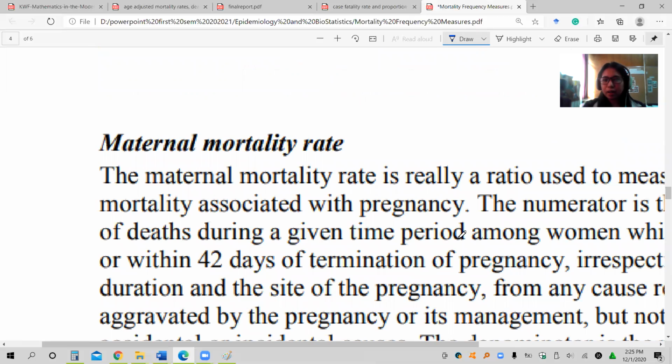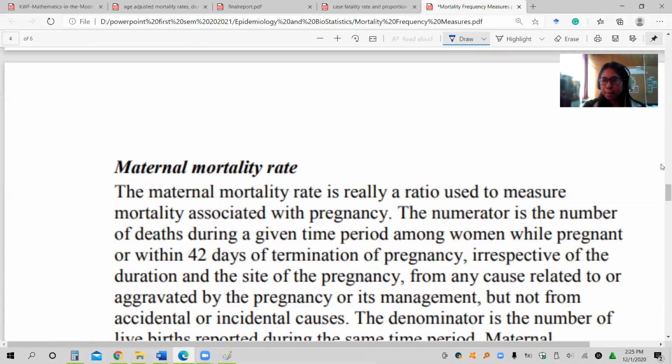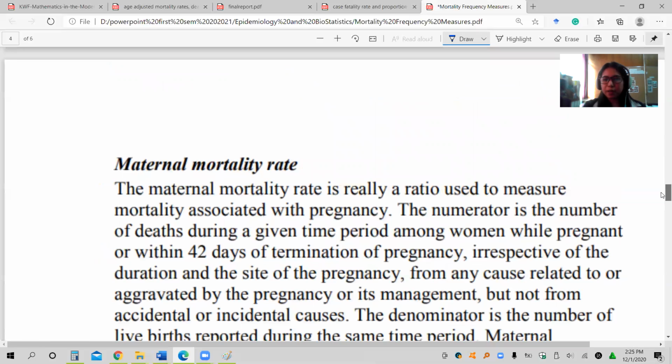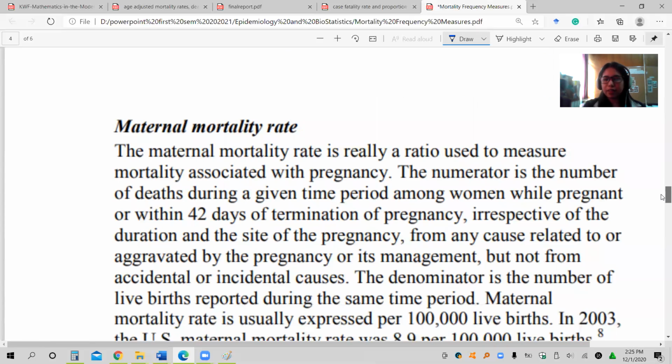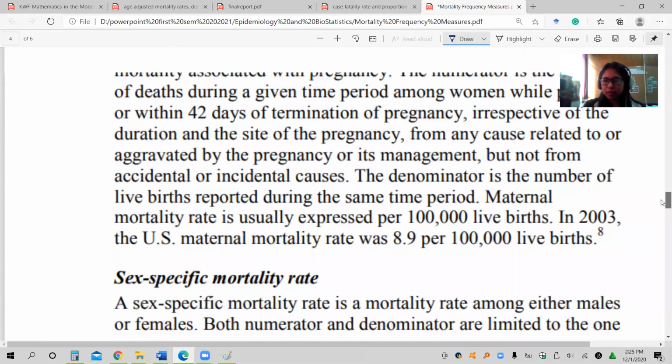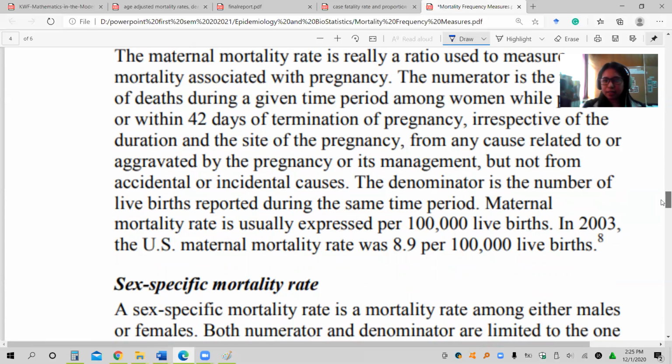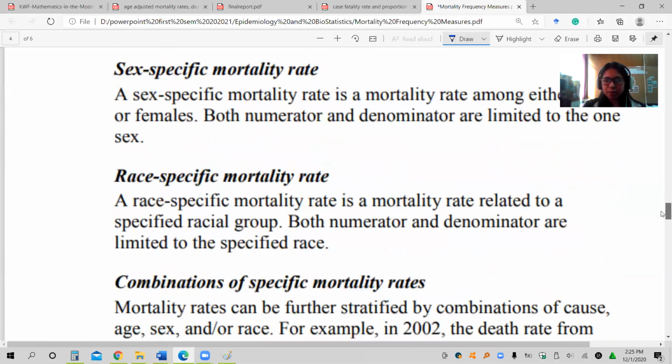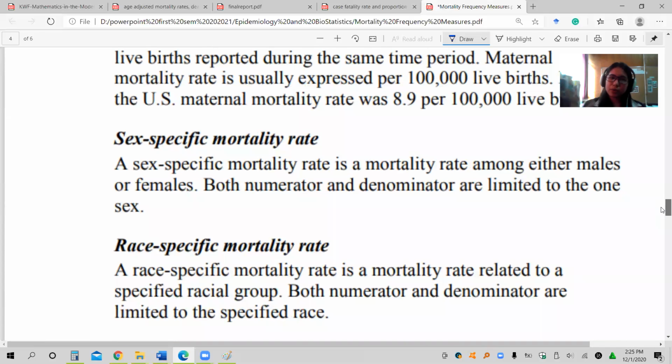So for maternal mortality, the numerator is the number of deaths during the given time period among women while pregnant or within 42 days of termination of pregnancy. So we will just divide this again. For sex-specific, if you want to consider, for example, the case of the male or the case of the female, you also have to limit your denominator to the population of the particular sex.